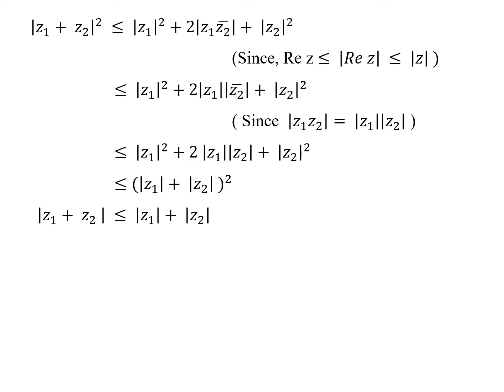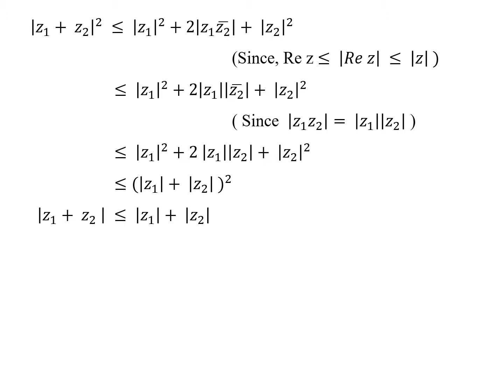We keep the first and last terms as they are. The second term, twice mod of z1 z2 conjugate, is twice mod z1 into mod z2 conjugate, and we also know that the modulus of the conjugate of z is equal to mod z. Therefore we can write mod z1 square plus twice mod z1 mod z2 plus mod z2 the whole square.